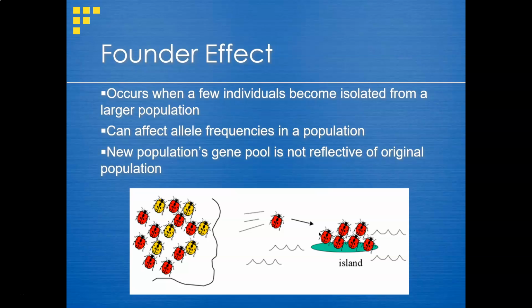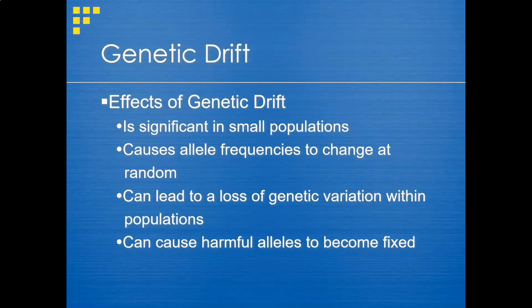And again, this doesn't necessarily represent that original population, and as a result, that lack of variation can end up becoming a problem. So overall, the effects, whether it's a result of a bottleneck effect event or a founder effect event, genetic drift generally has the same basic outcomes.